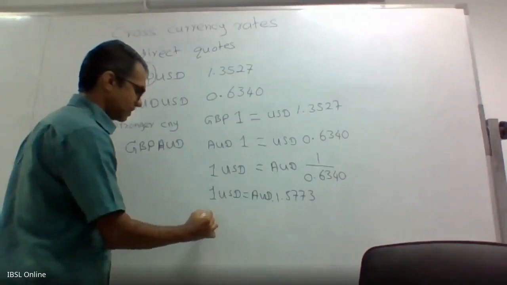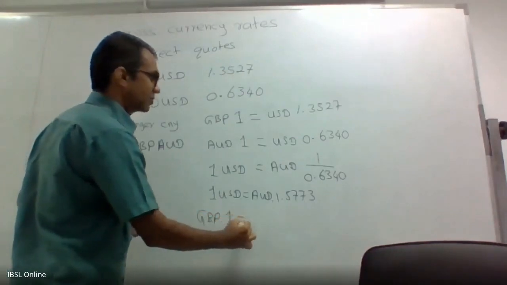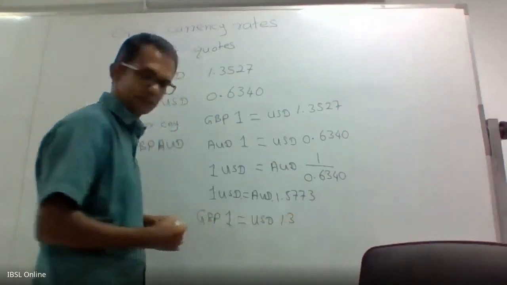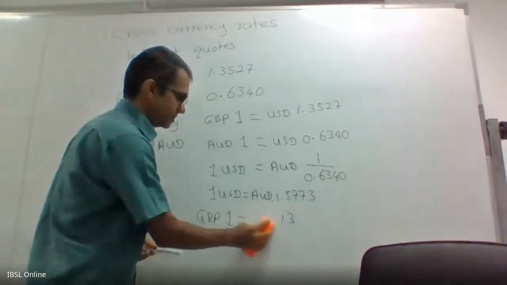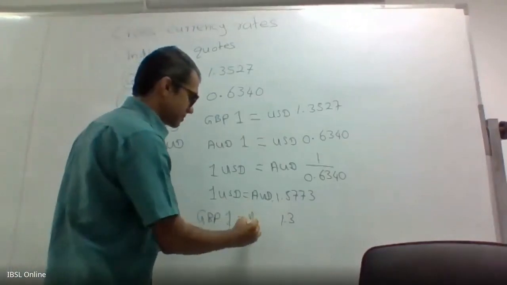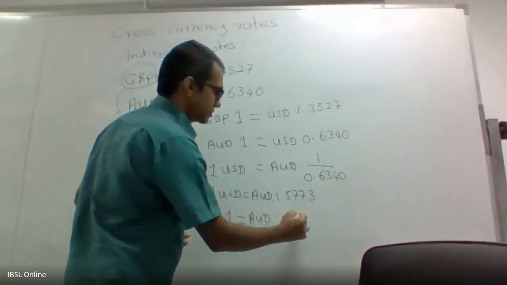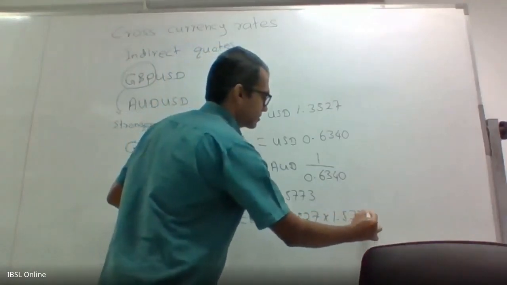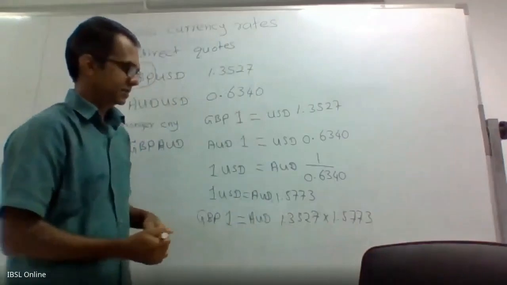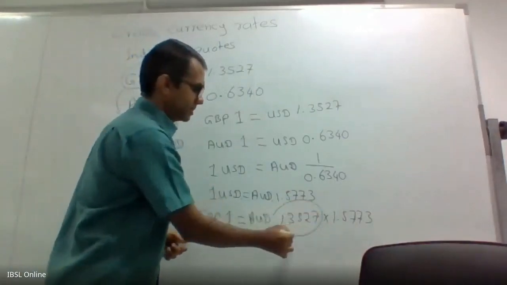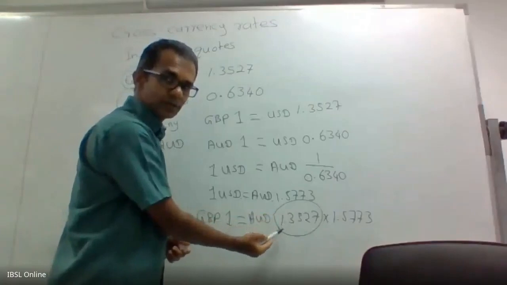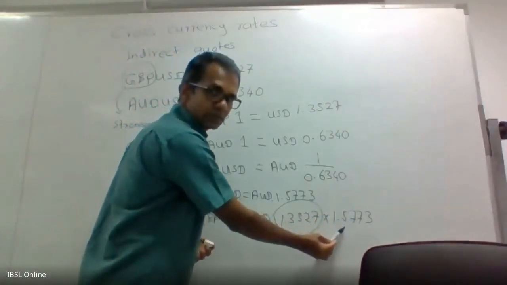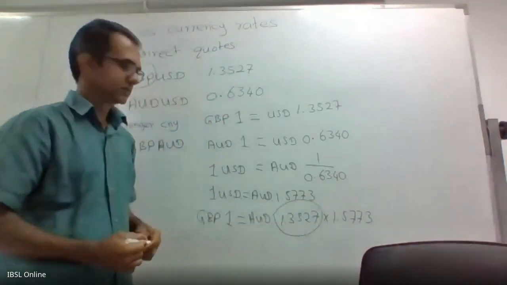So therefore, 1 GBP equals USD 1.3527, now in Australian dollars, 1.3527 into 1.5773. This is the value of a sterling pound in terms of dollars. This is the value of a dollar in terms of Australian dollars.